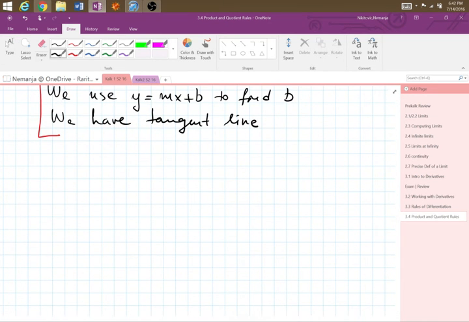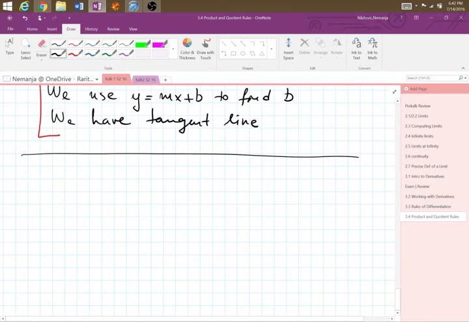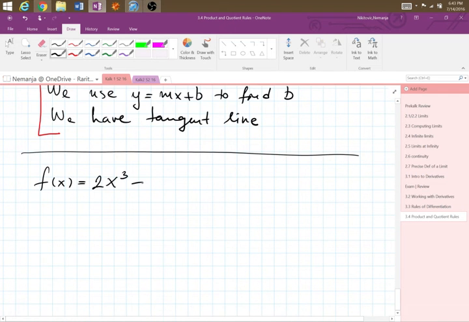So let's do an example, starting with something simple, and then we'll take a look at the spicier examples later. So let's say f of x is equal to 2x cubed minus 1 at the point, I don't know, let's go with x equals 2. Now, that's your a, because x is equal to a, x equals 2, so a is 2.